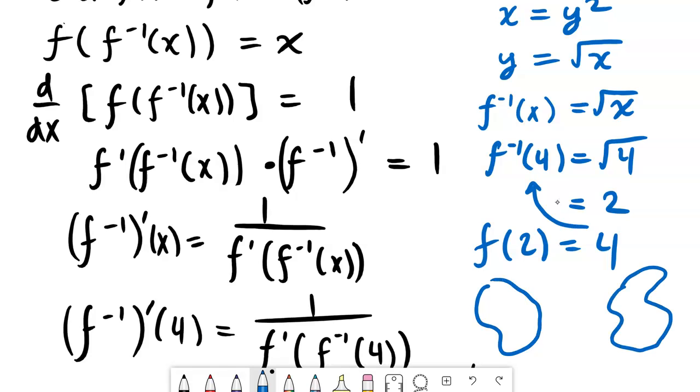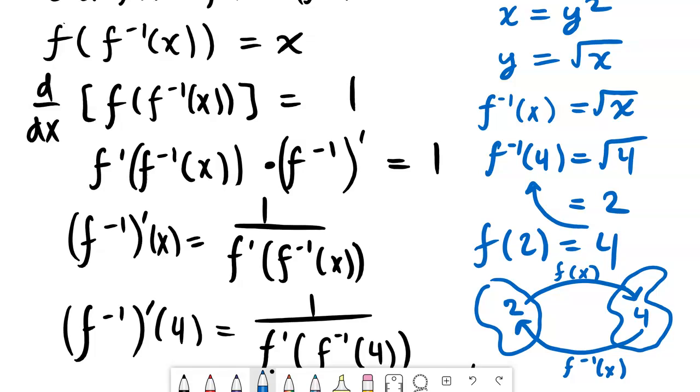When we plug in 2, we map it to the output to get 4. This is following the f of x function, and then to get from here to here, we plug it into the inverse function. So it remaps it back. That's why we get 4 to 2, and then we plug it back into the function, we should return 4.